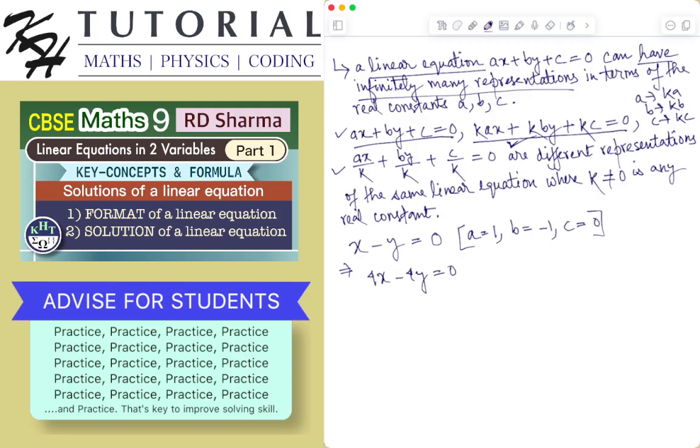This is the same identical linear equation as x minus y equals 0, but now a has become 4, b has become minus 4, and c is still 0. The representation, that is the values of a, b, and c, is different, but they are the same identical linear equation. Both these equations will give the same set of roots or solutions.